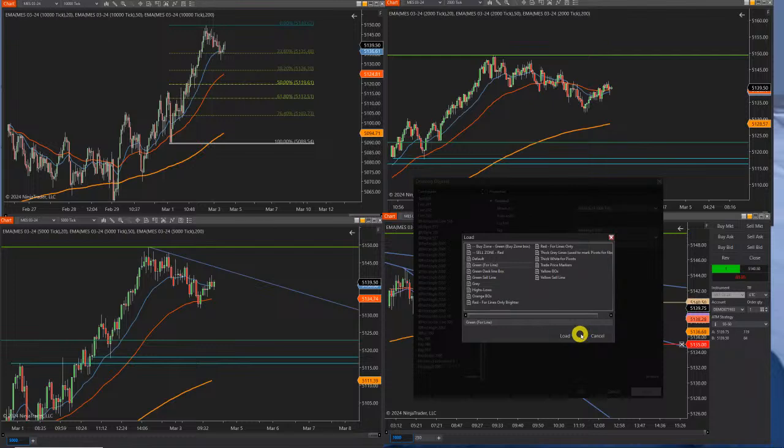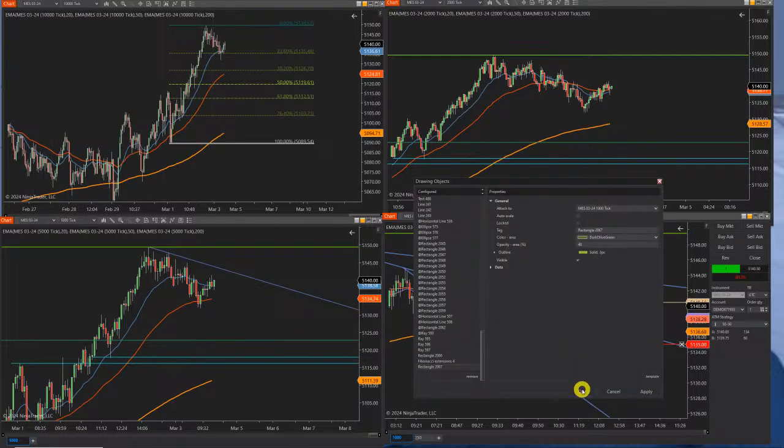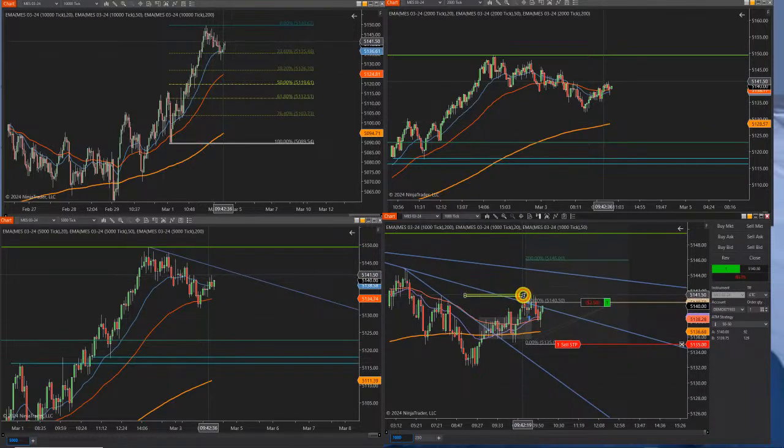Green lines. So let's think about that for a second.